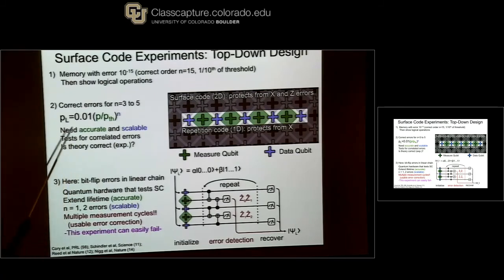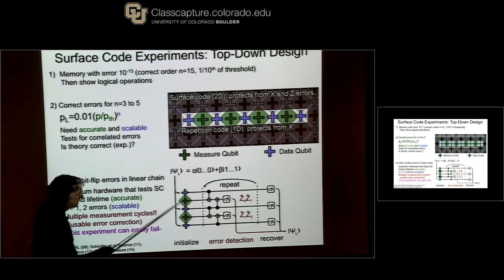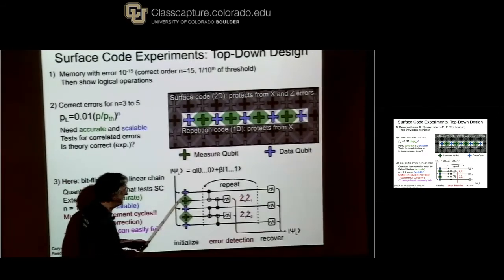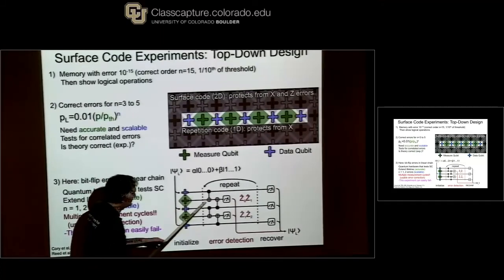So what we're going to do is the logical error rate is some small number, p over p threshold to the n. We're going to correct errors for actually n equals 1 and 2, so first and second order errors are going to get corrected here for 3 and 5 data qubits. And we're going to test for correlated errors and see if everything's going to work properly. Okay, so what we have here is a linear array of qubits. The green qubits are the measure qubits.